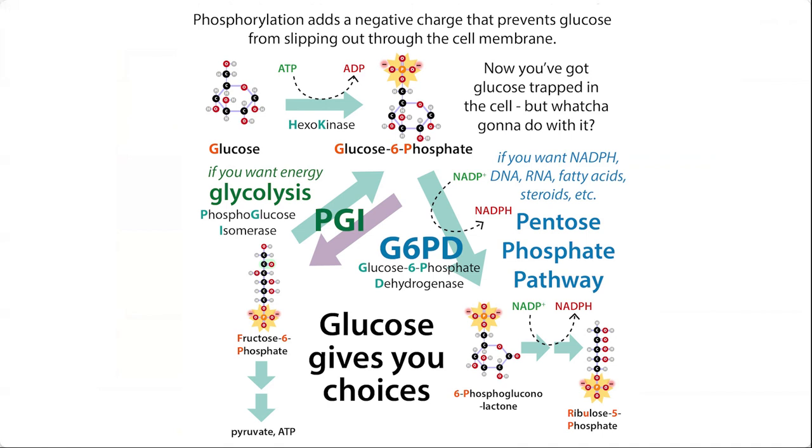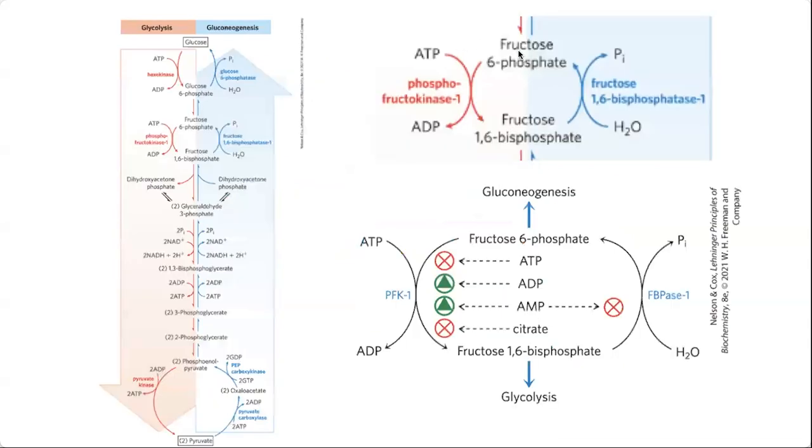If we want to use glucose for any of those things, we're going to want to phosphorylate it. So that's not a committed step to glycolysis. Instead, after we do this isomerase step, the next step is the committed step, where we take fructose 6-phosphate and change it to fructose 1,6-bisphosphate.